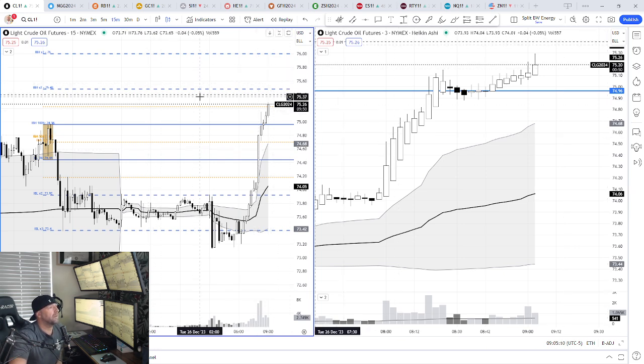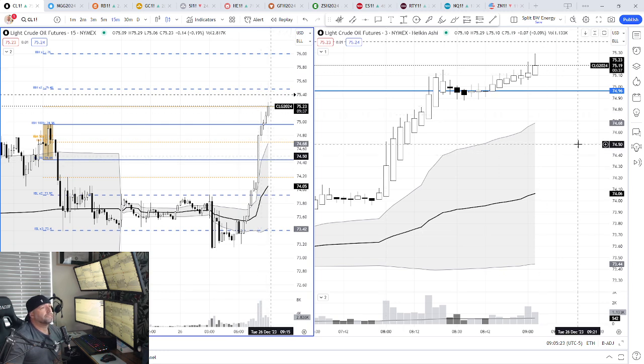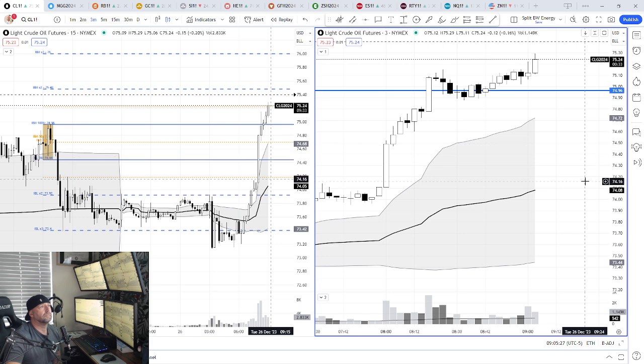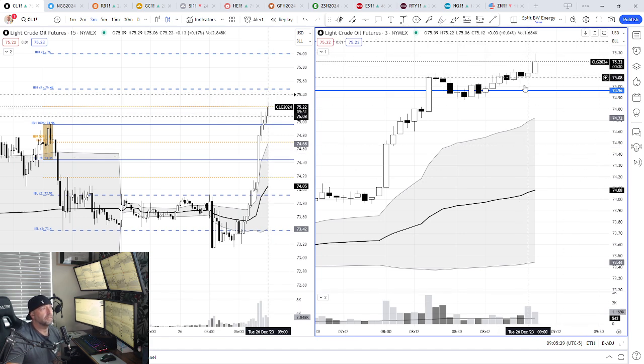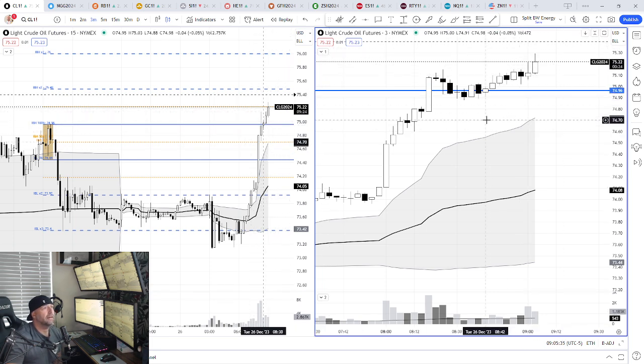I got my alert in if we break 75.40, so it'll alert us. Now we just play the waiting game. Looks like we're getting a little sell off there. Hopefully we can get another extension, trap some shorts up here, get a rebound, push higher.